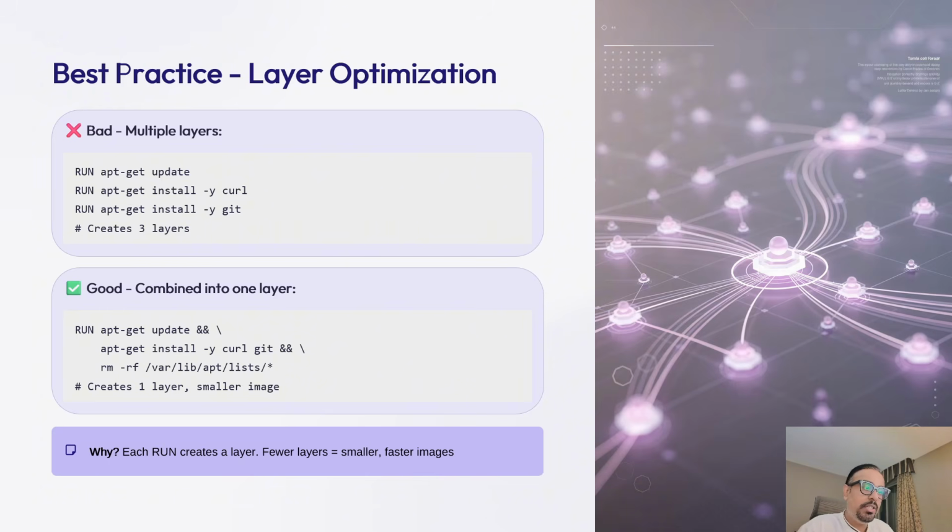This is going to clean up the APT cache. Whenever you use the APT command, it is going to cache data within the same layer. So what we are doing is cleaning up that cache within the same layer so that the temporary data which APT uses doesn't get stored in the image. This also reduces the size of your image.